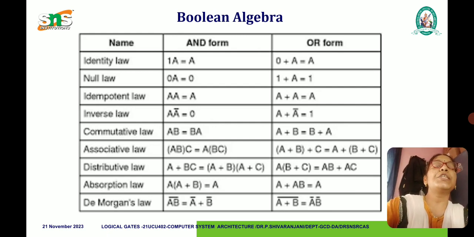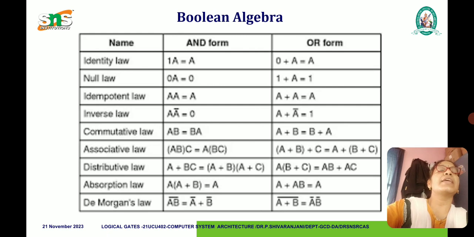In the case of distributive law, A plus B dot C equal to A plus B into A plus C in the case of OR form, and in the case of AND form A into B plus C equal to AB plus AC.